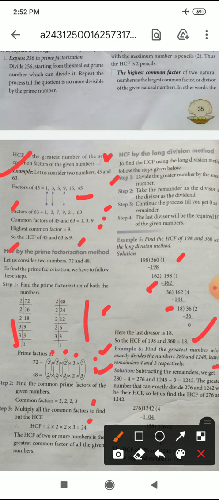Respectively means you subtract 4 from the first number, that is 280 minus 4, and subtract 3 from the second number, 1245 minus 3. Then we get 276 and 1242. Now what we do?